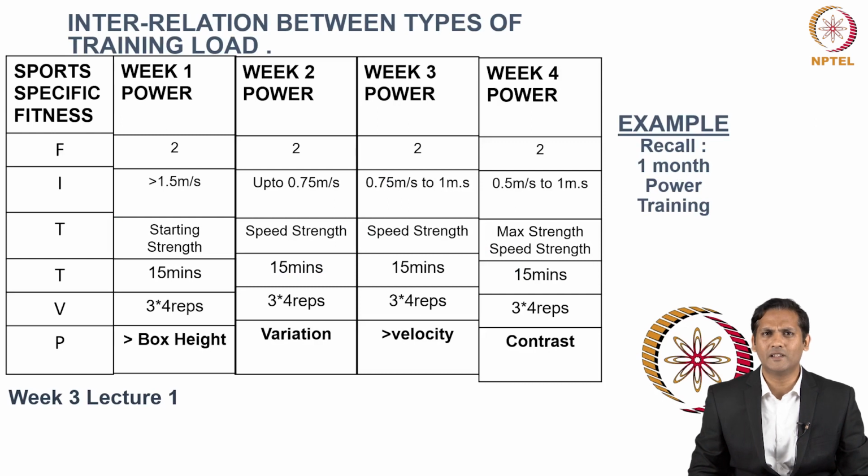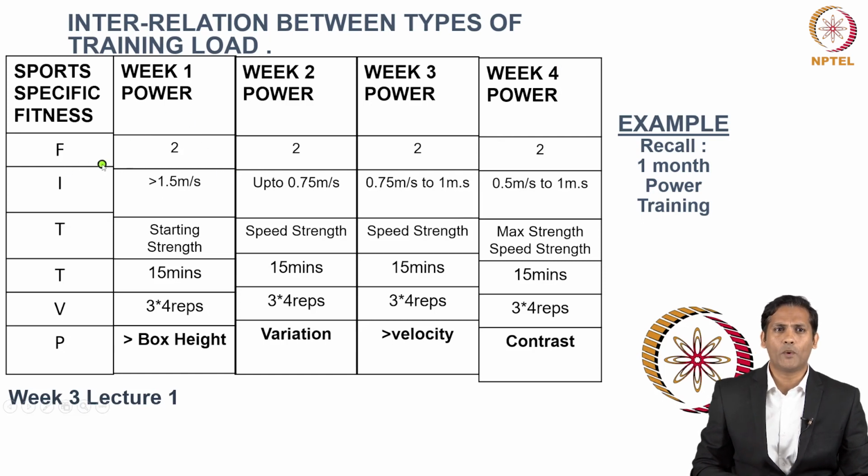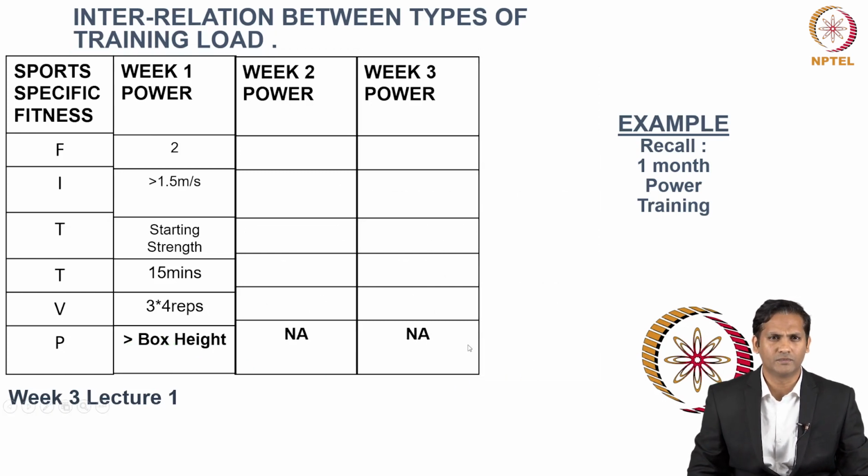Let's understand this with an example. This is a 1-month workout to improve power fitness, where the frequency is 2 days per week, the entire month, and the progression here has been described where the stimulation is given every week. Let's change the scenario.